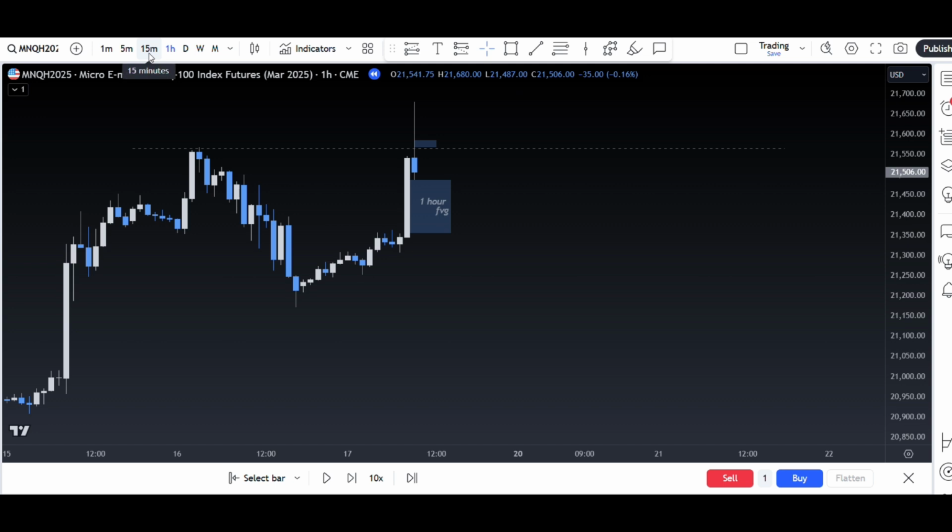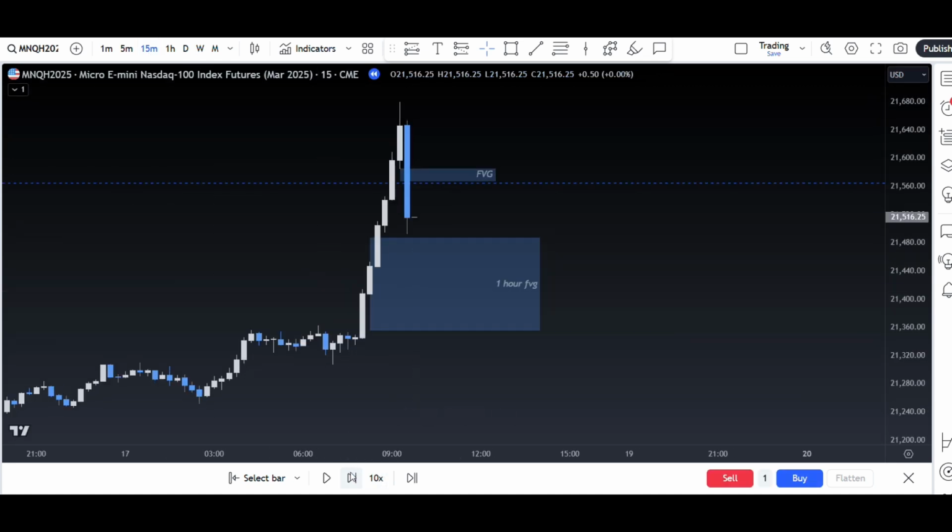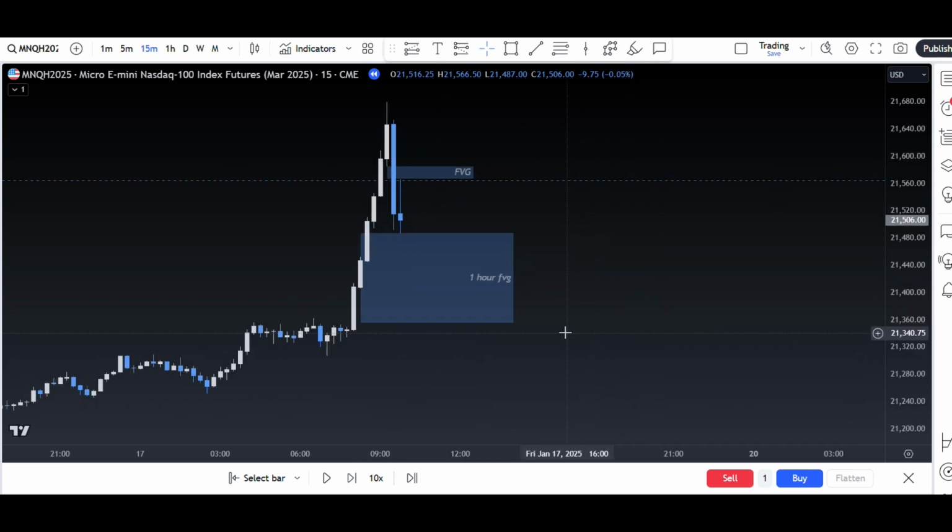So we'll get into this. That's 9:30. So with this next day model, this is a 15-minute chart. If I'm playing the 1 hour time frame and expecting it to take this 1 hour low here, this is the 1 hour low from 9 o'clock to 9:45.